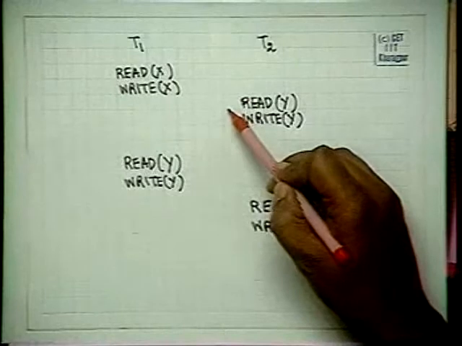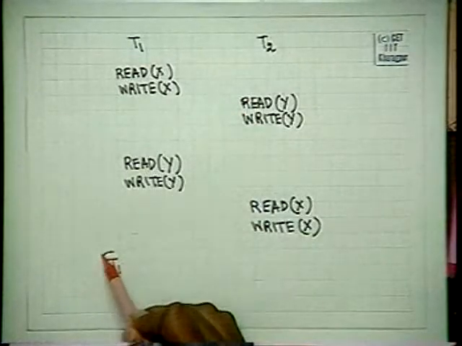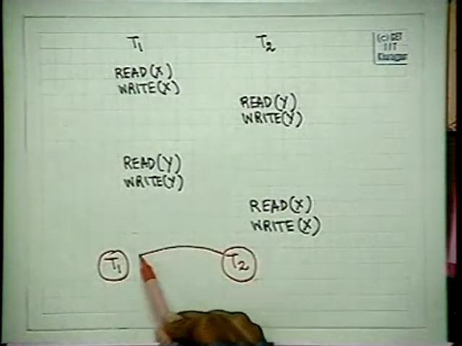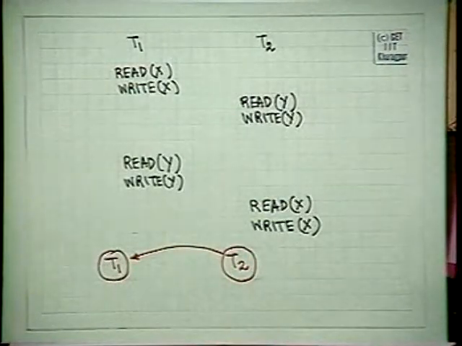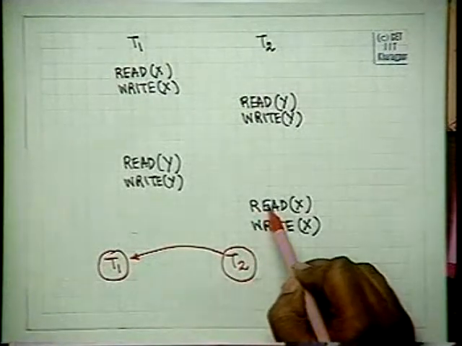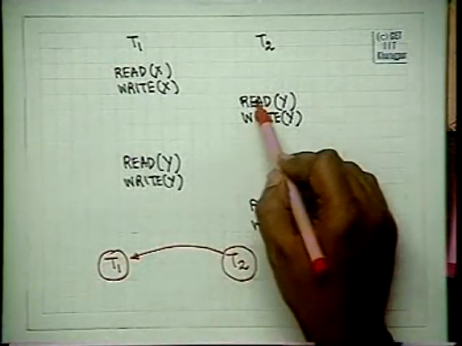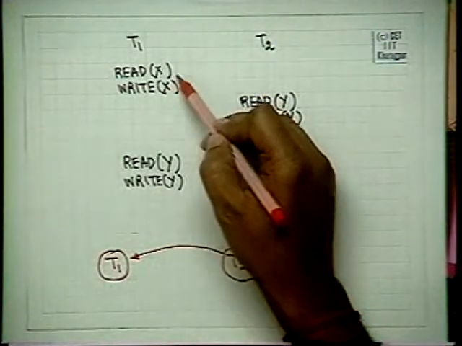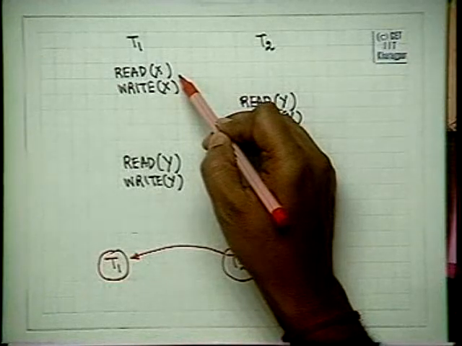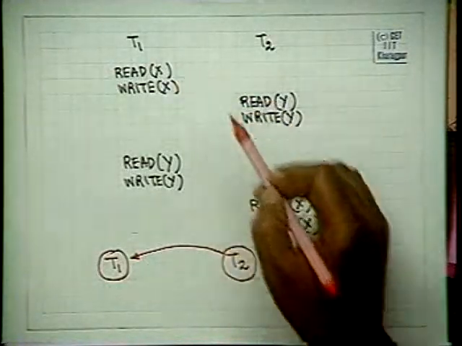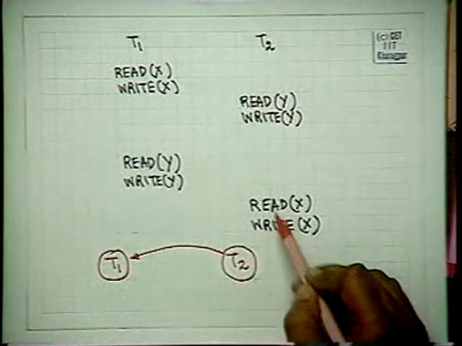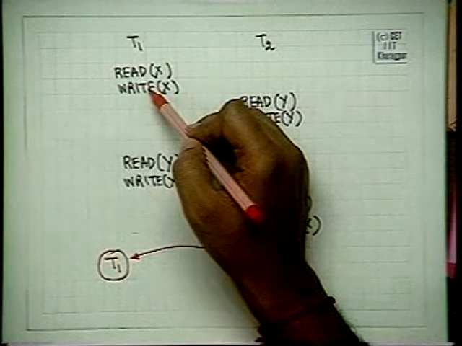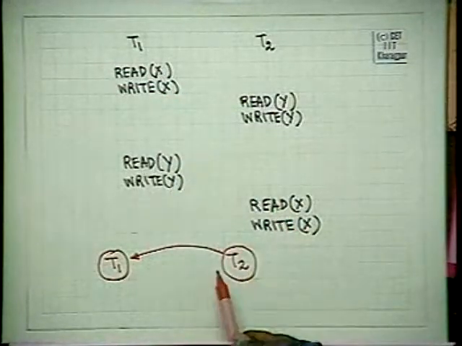This one cannot be swapped before this. So there is an arrow like this. This one can be swapped right above this. This one can be swapped above this. But this one cannot be swapped beyond this one. Please note that this part cannot be done before this part if T1 is to exist. So we will have this arrow as well.